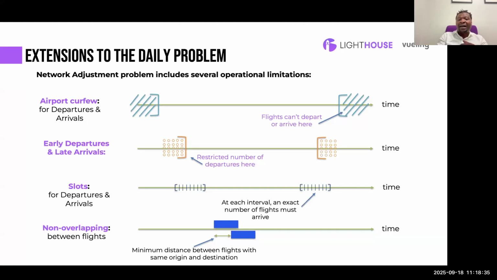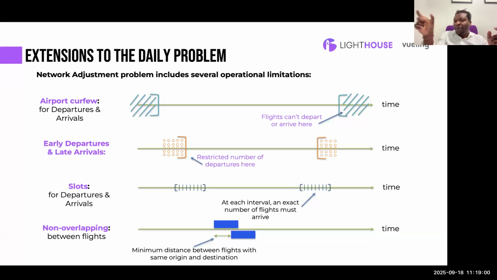So the early departure and the late arrival, also the restricted number of departures here. We also need to make sure of the slot, that is the interval in which the exact number of flights must arrive, because this is some kind of contract that the company has with each airport.